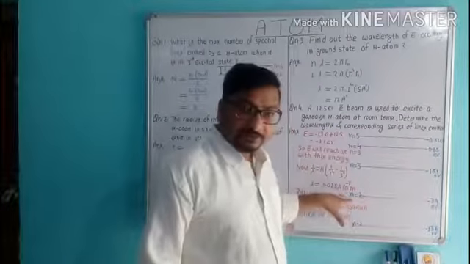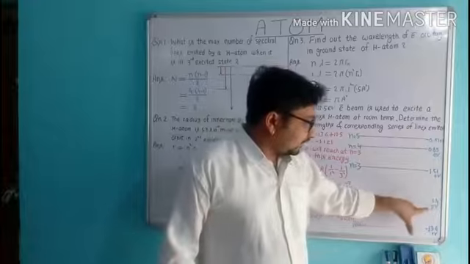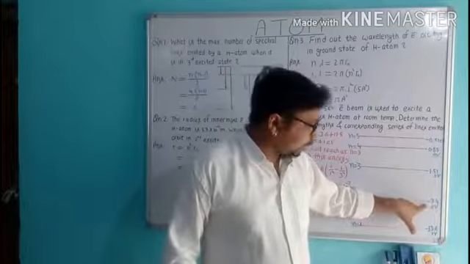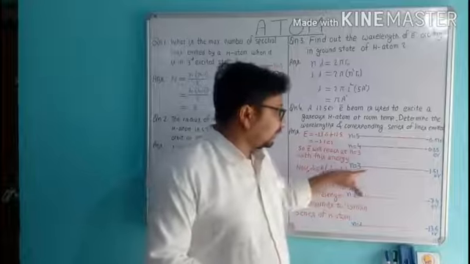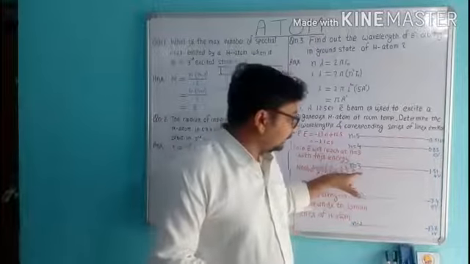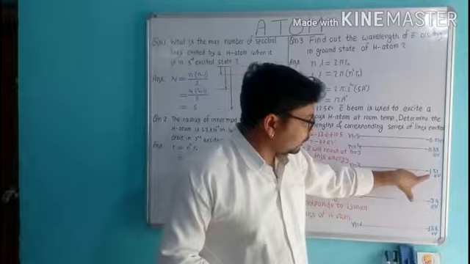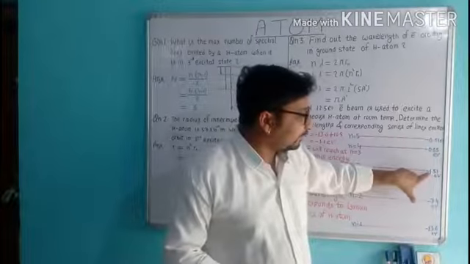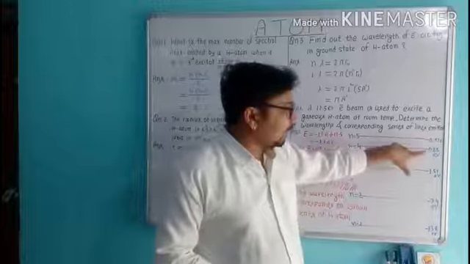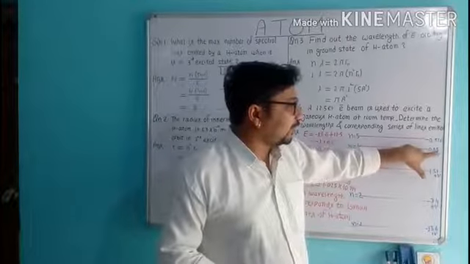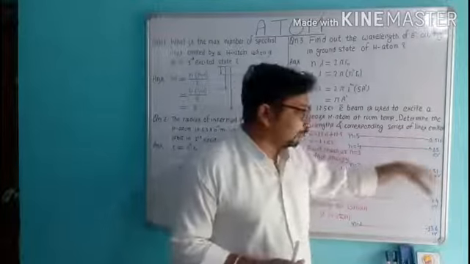For the second orbit, the energy of the electron is minus 3.4 electron volt. Similarly, in the third energy level, the energy of the electron is minus 1.51 electron volt. In the fourth energy level, the electron has energy minus 0.85 electron volt.